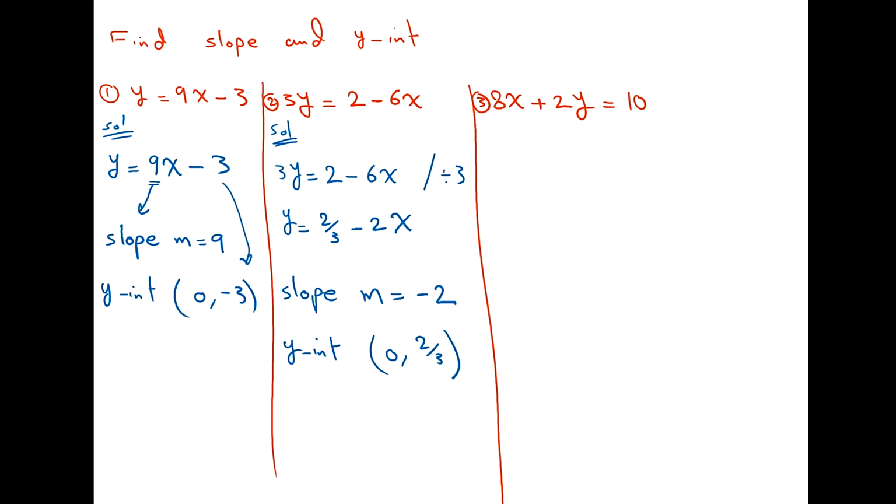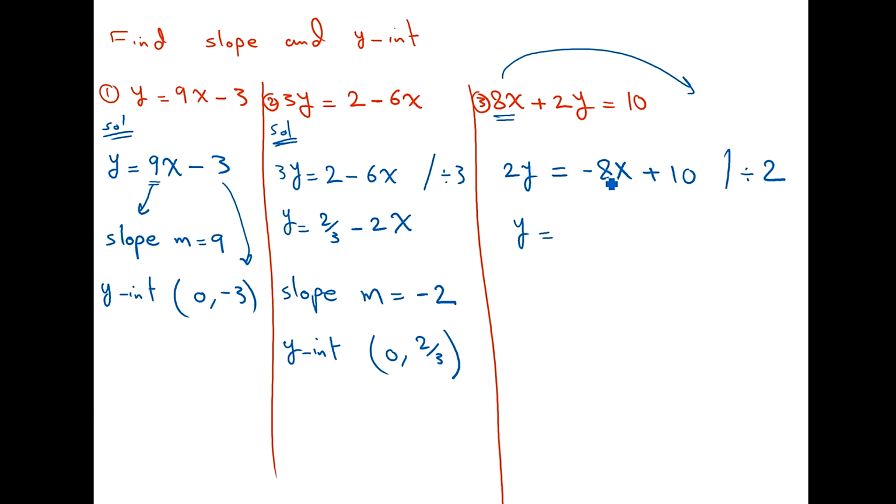This is the y-intercept. Number 3, we have 2y equal minus 8x plus 10. So move the 8x to the other side first. After that, divide by 2, because we have 2y, not y.